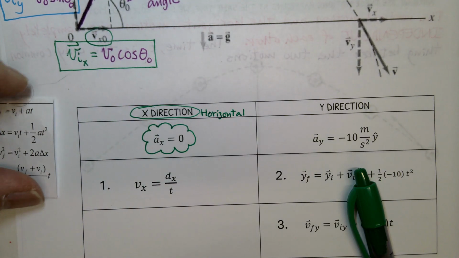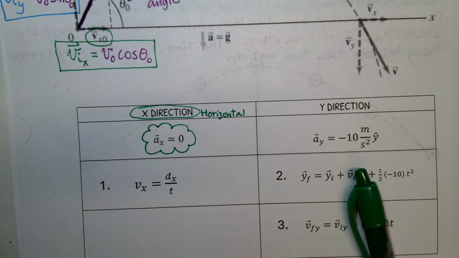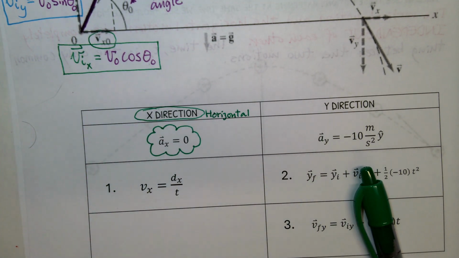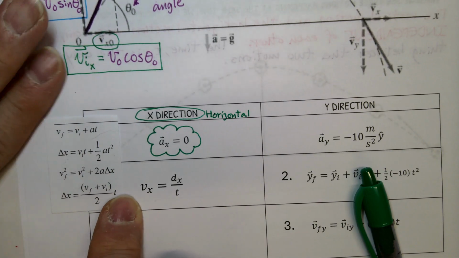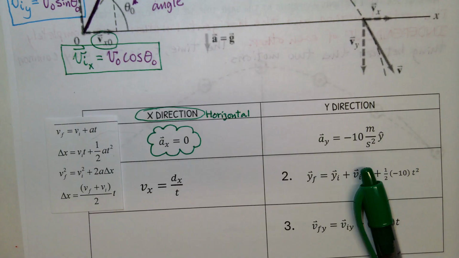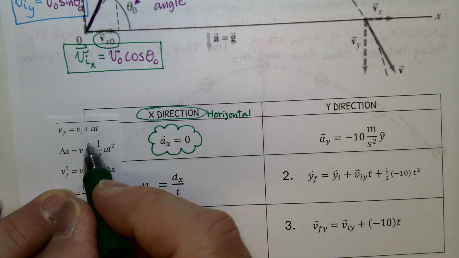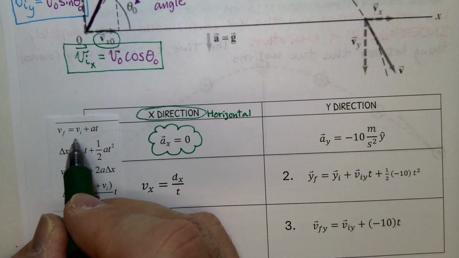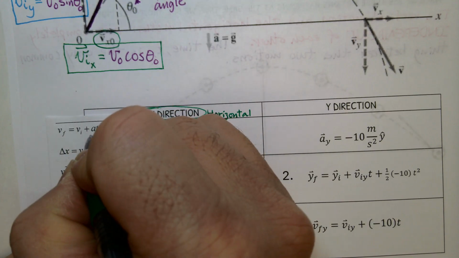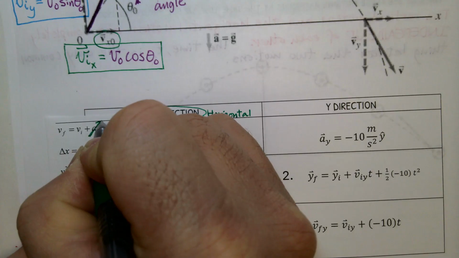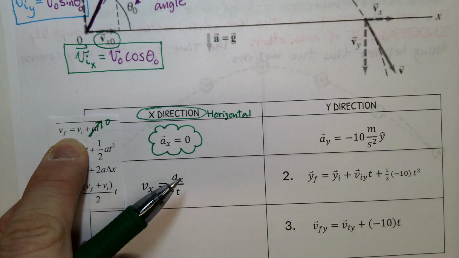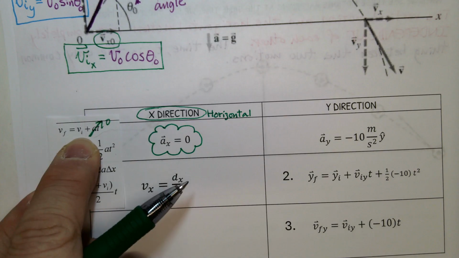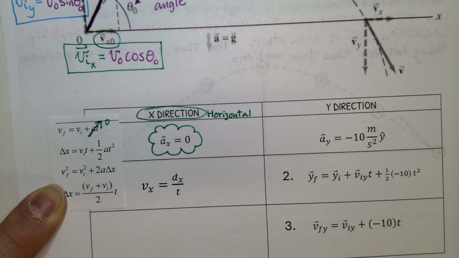So if you look at this equation right here, let's take a look at the first equation. Vf is equal to Vi plus At. My acceleration is 0, so this goes to 0, which will make, right, Vfx is equal to just Vix.